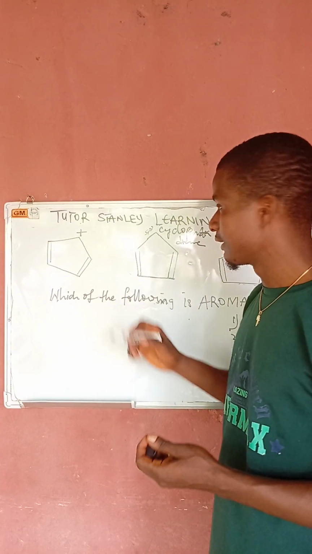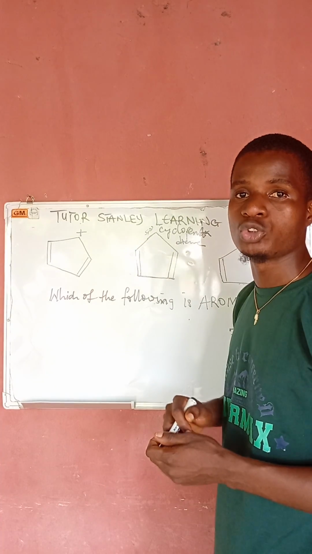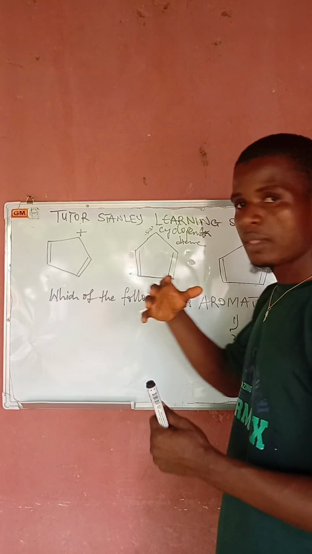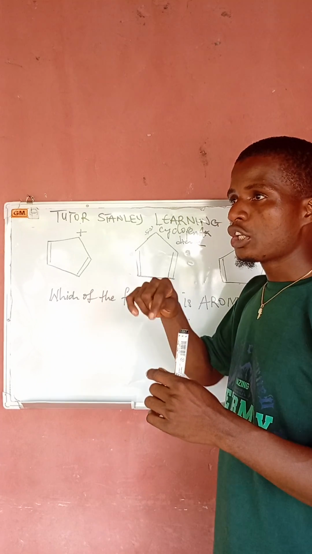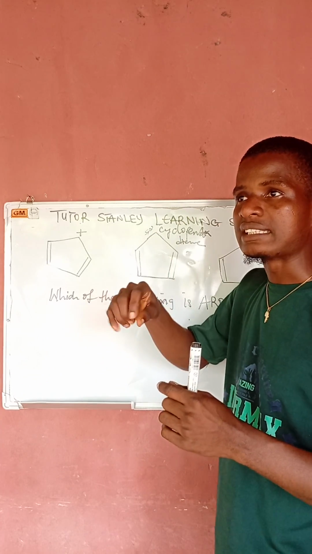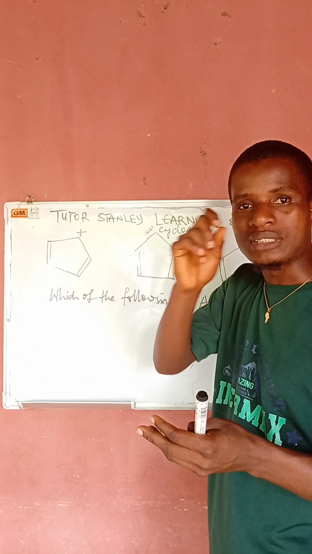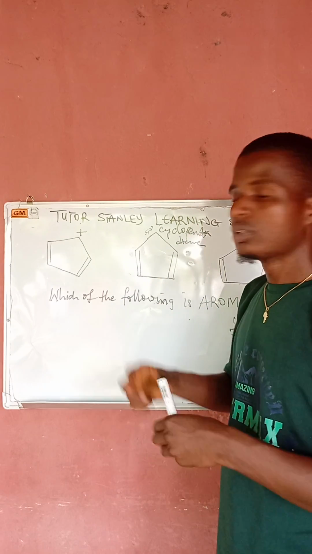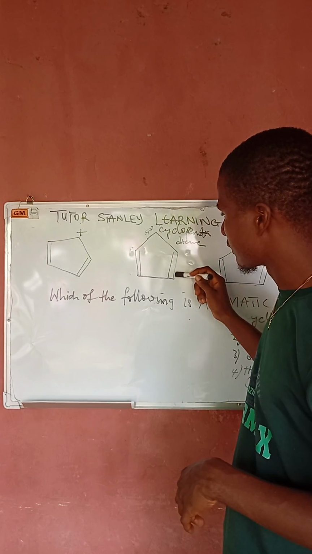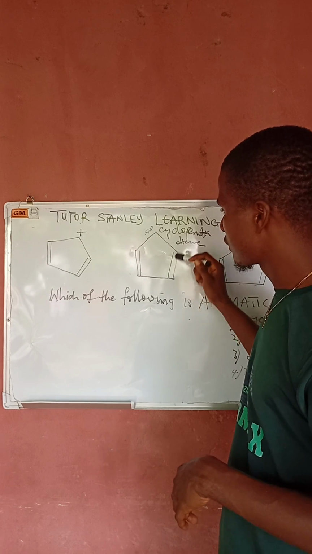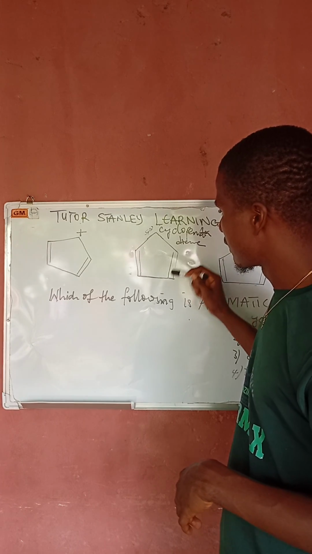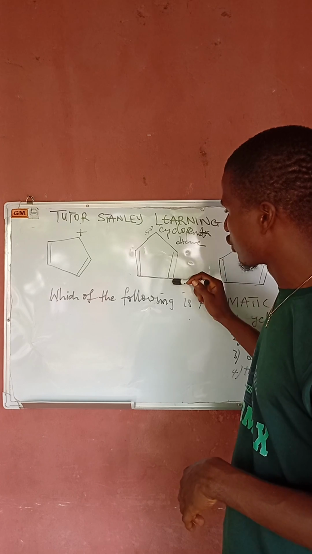And because of that also, it is not delocalized. This has destroyed the conjugation. Conjugation is every carbon in that ring system having contact with a pi bond. Now these two carbons here, there is a double bond here.